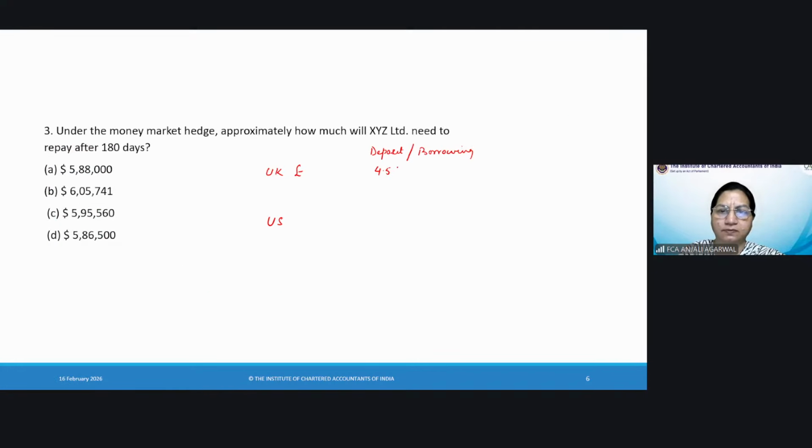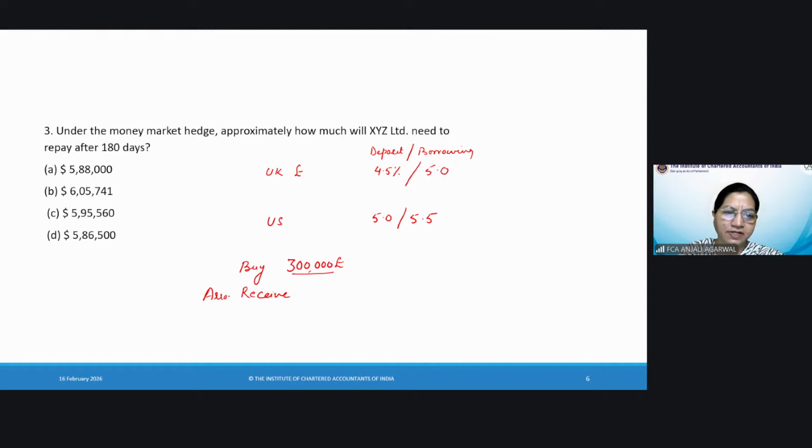Okay. So remember in the last session we had discussed the money market hedge. What do we need to buy? We need to buy 300,000 pounds. So we should arrange that we receive exactly 300,000 pounds.